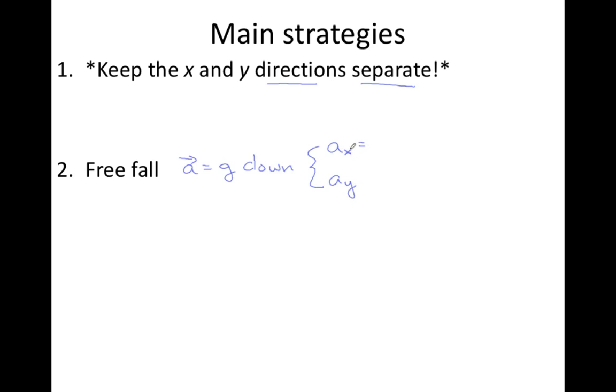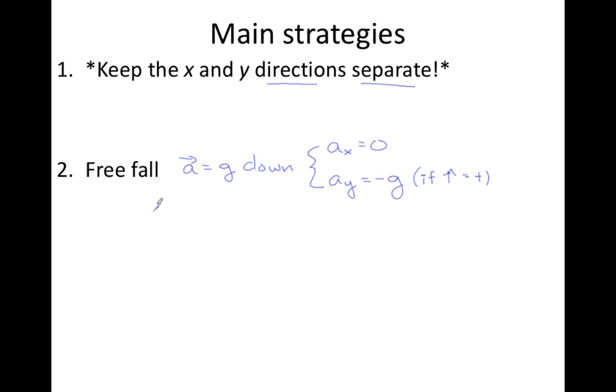And so the acceleration in the x has to be 0, and the acceleration in the y is g. And usually we like to make up our positive direction, which would make down our negative direction. So we would have to use a negative sign to indicate that the acceleration of an object in free fall is down in the negative direction.